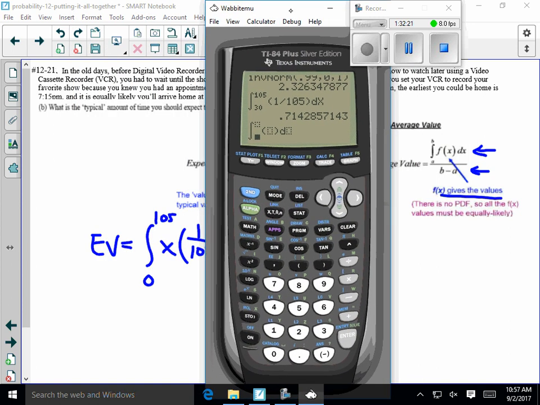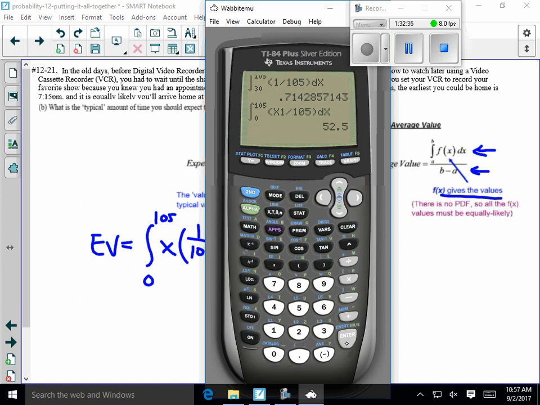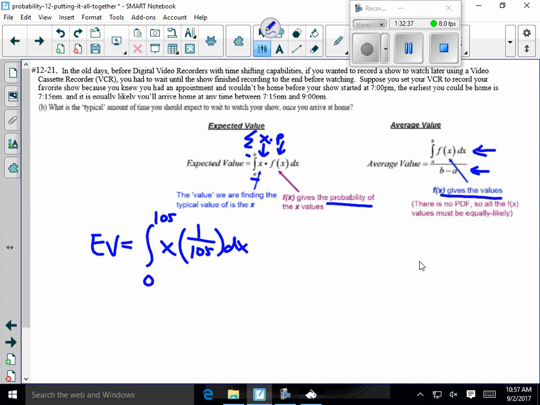So it's going to be from 0 to 105, with an extra x in there times the probability density function 1 over 105, and then dx. So that turns out to be 52.5. So on average, we should expect to wait 52.5 minutes when we get home before the end of the program, so that then we can start watching.